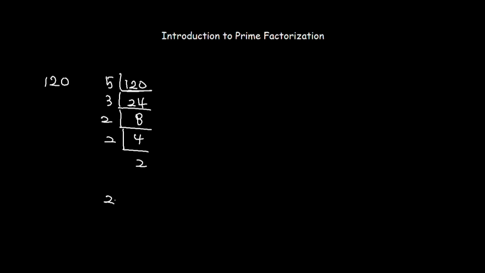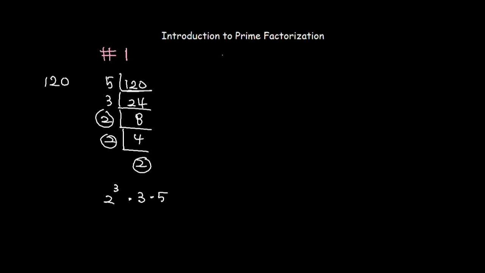So the prime factorization of the number 120 is going to be 2 to the third power, because we have three 2's here, times 3 times 5. This is method number 1. I recommend method number 1 because it takes less time and causes less confusion. Overall, this is a much better way in my opinion.